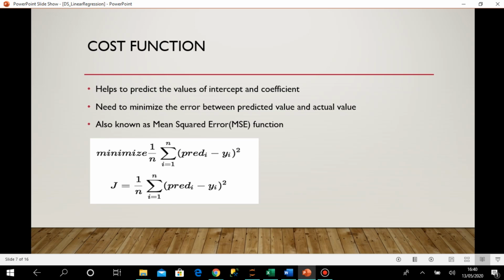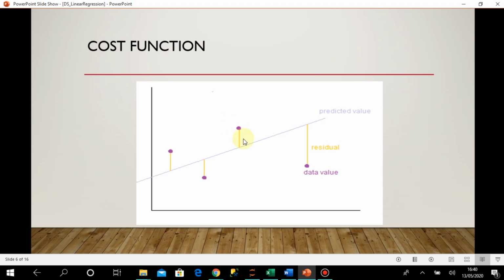If our prediction is very far from the actual value, then the purpose of the algorithm is not served. An algorithm is very good when it predicts the correct outcome as much as possible. So our purpose here is to minimize the error between the predicted value and the actual value. In this diagram, if these distances are very small, then I can predict very close outcomes, and if there are large distances between the predicted value and the actual value, then it will be very difficult.